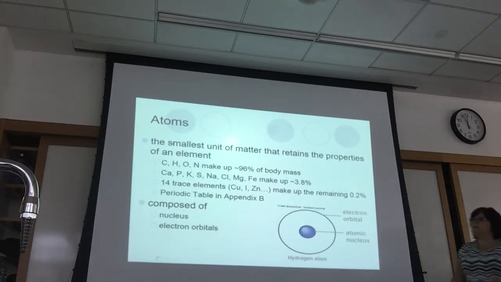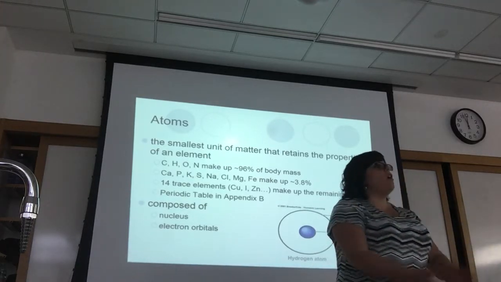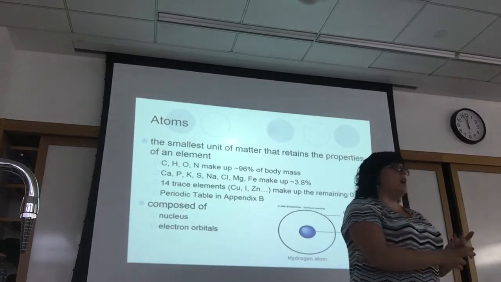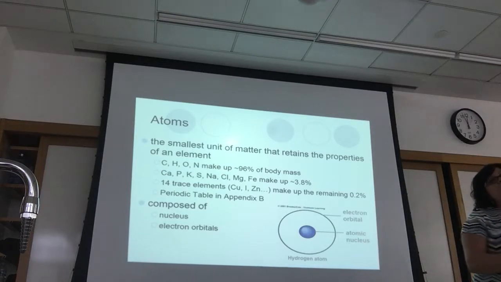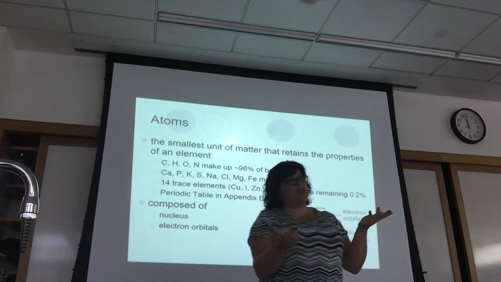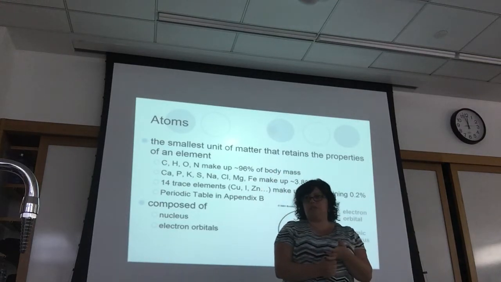So looking at the subatomic particles first, most people will know that there are 3 major types of subatomic particles. The protons, which have a positive charge, neutrons, which have a neutral charge or no charge, and the electrons, which have a negative charge.